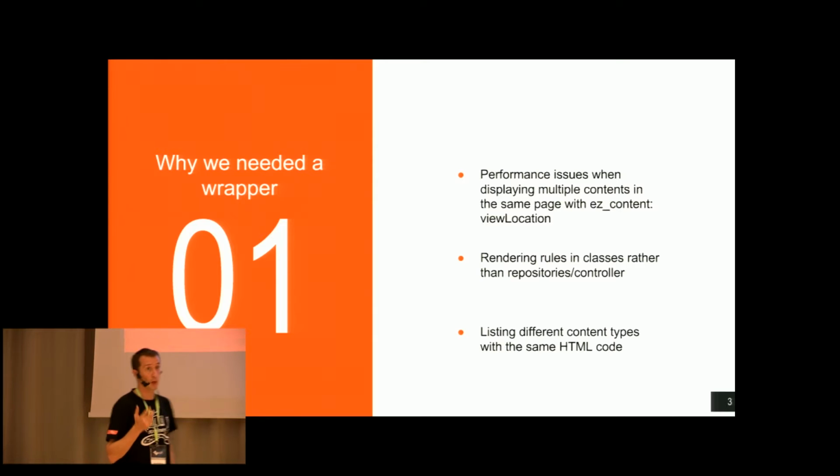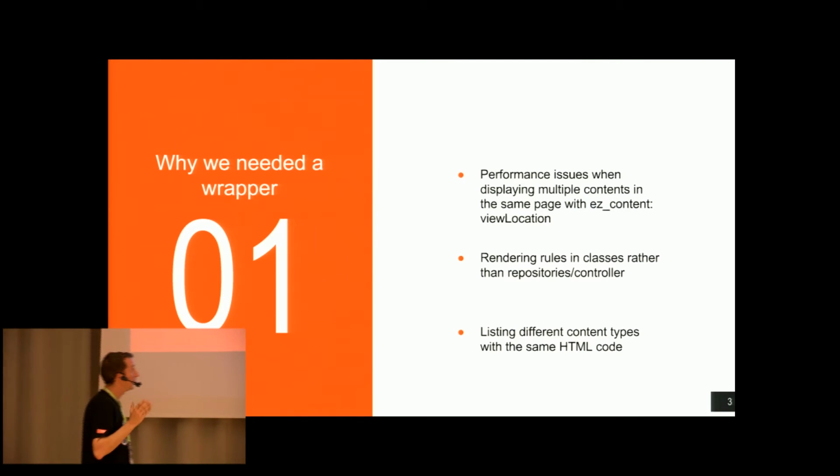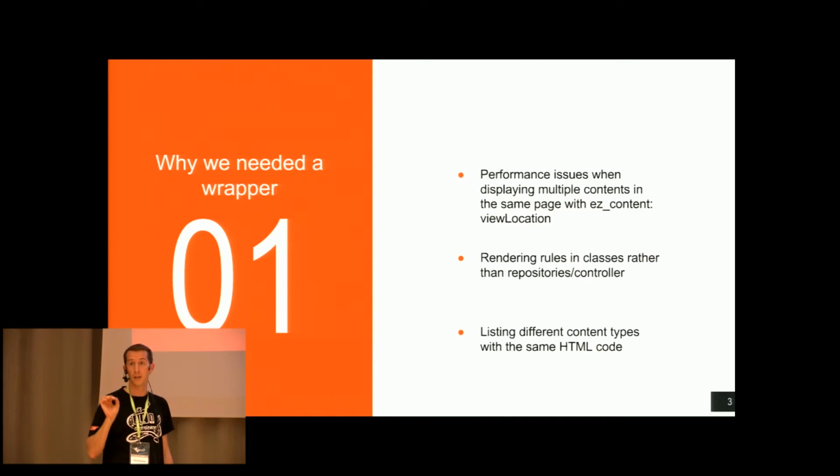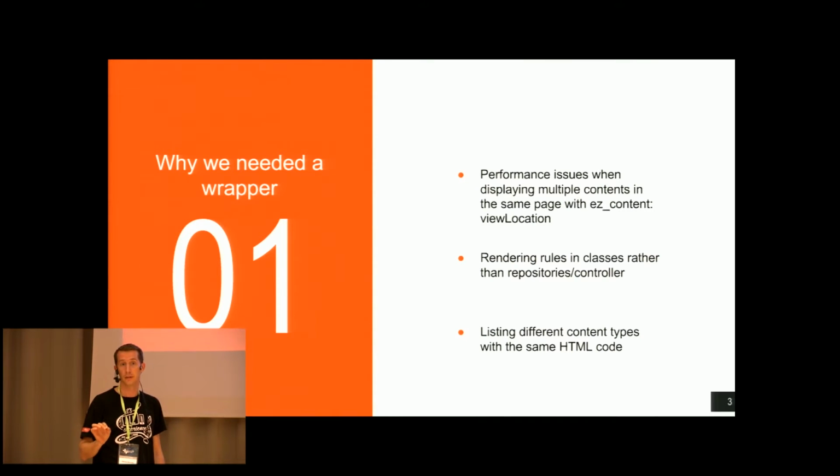The other problem was because of our customer project, who already had a lot of content classes from EZ4, because this was a migration. In basically all their content classes, the title fields, description fields, image fields all had a different identifier.